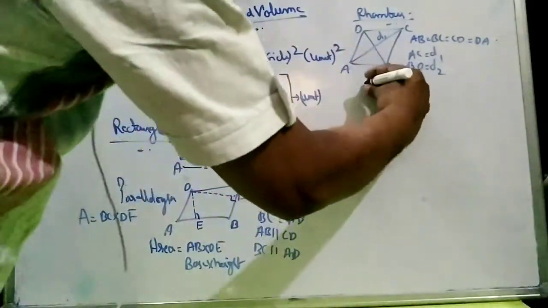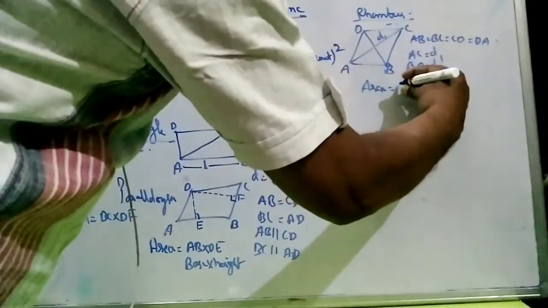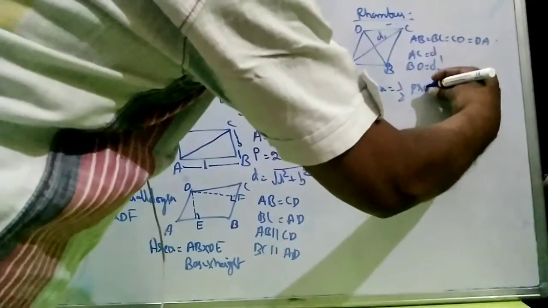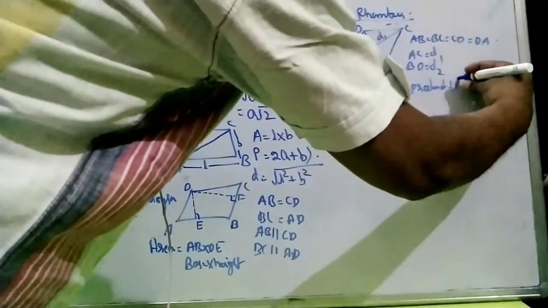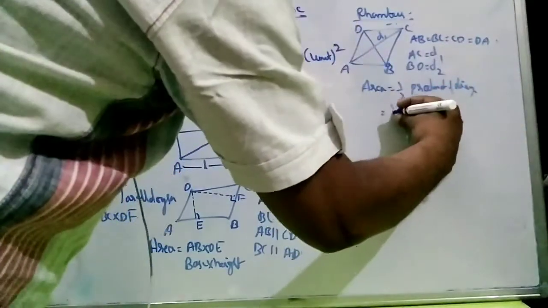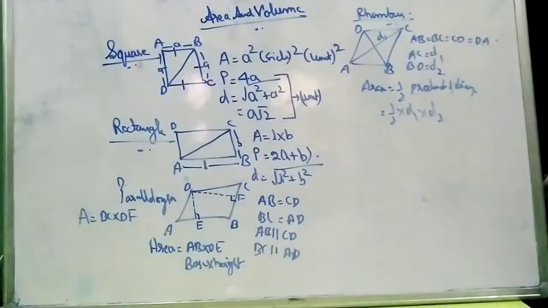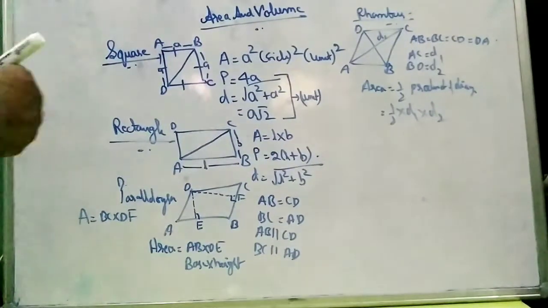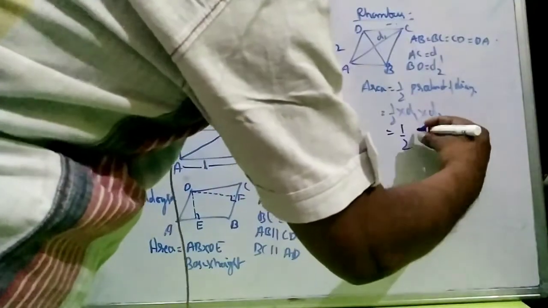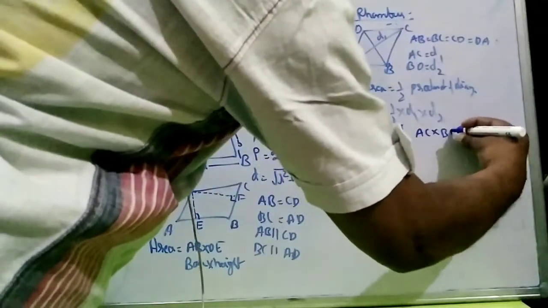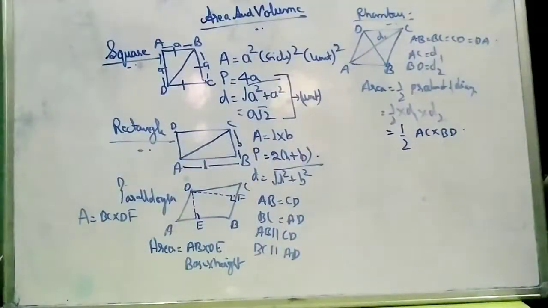If you have to find the area, the area is equal to half the product of diagonals, half into D1 into D2, or we can say half AC into BD. And perimeter means the sum of all the sides.